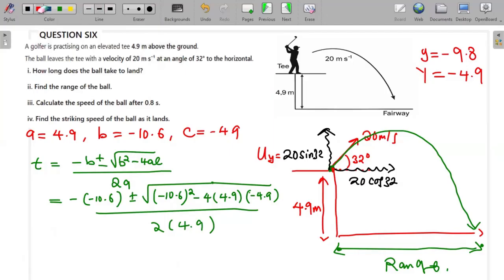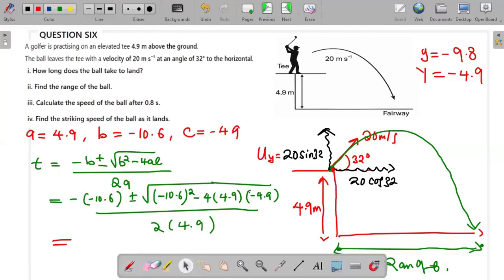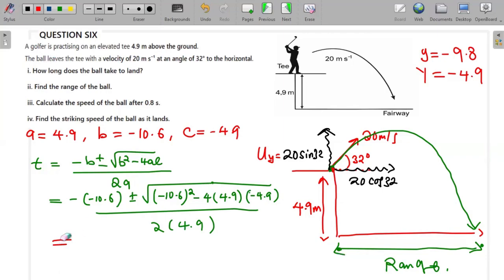So what are we going to get from that? Hey, what's happening now? This eraser is not going away. Anyway, so we have t is equal to this negative multiplied by this, that will be 10.6, plus or minus the square root of, inside there I have minus 10.6 squared.